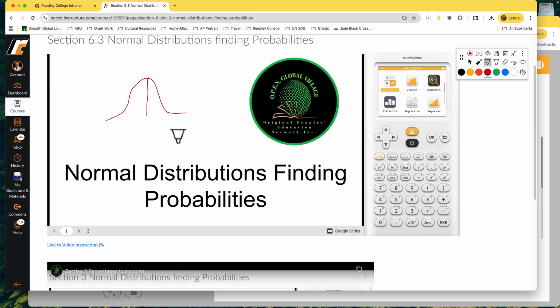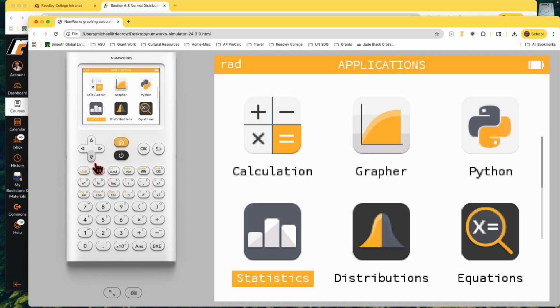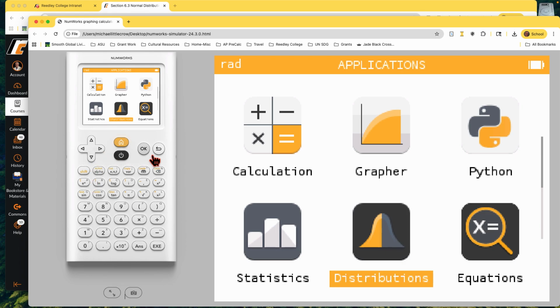So let's go ahead and jump into our first example. And again, we're going to use our numworks calculator. I'll come back over to this one. And just remember, the tool we're using for all of these sections is the distributions. So we'll start off by going to the distributions.